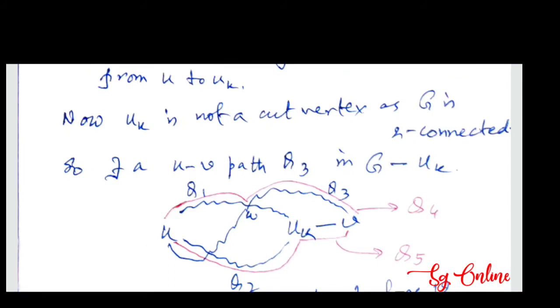So you will get a path q3 between u and v in G minus uk, that is, which avoids uk. But now this path may have intersection with q1 and q2.